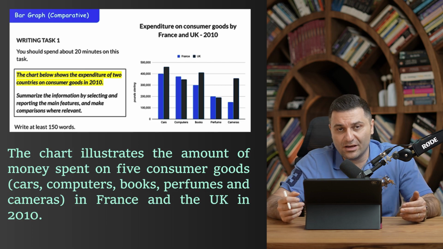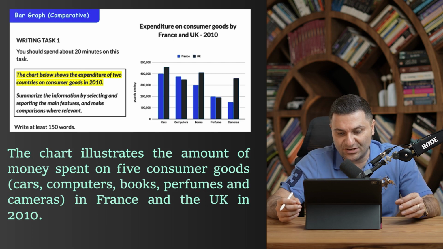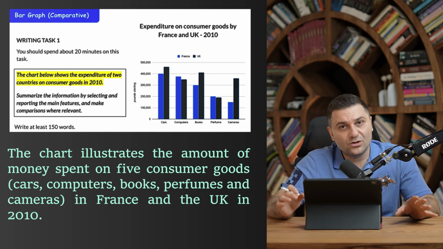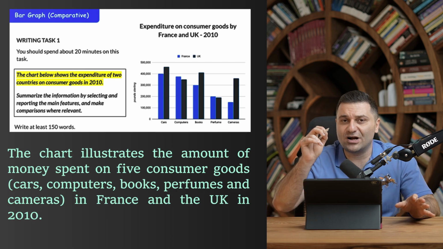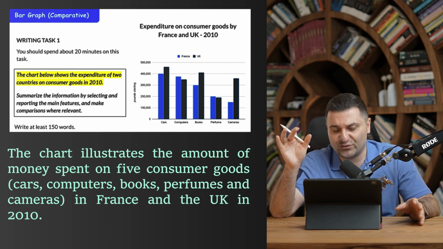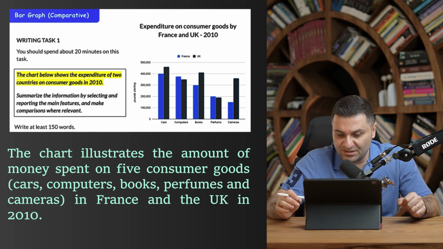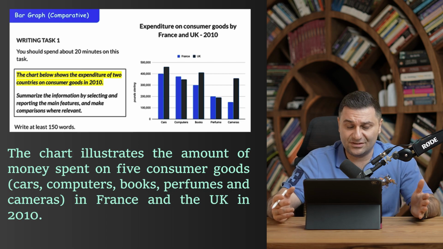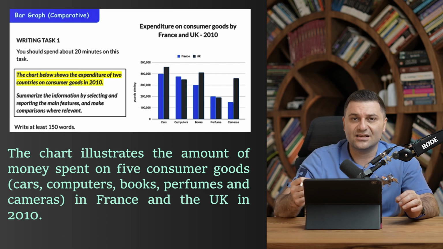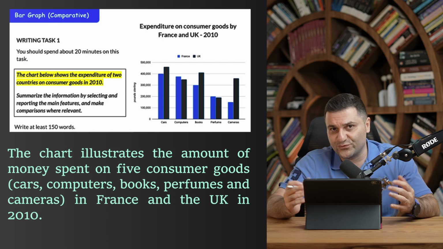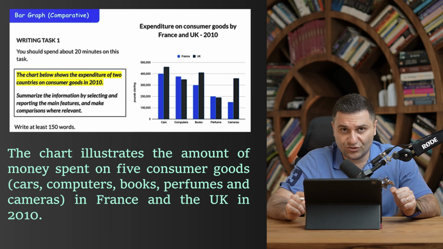The chart illustrates the amount of money spent on 5 consumer products. In the parentheses, we can write the name of those products. For example, cars, computers, books, perfume, and cameras. In France and the UK in 2010. This is a very good opening sentence for this bar chart.